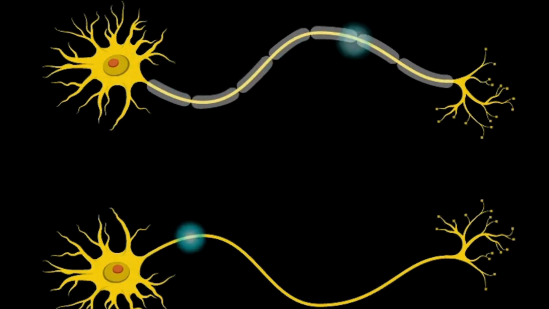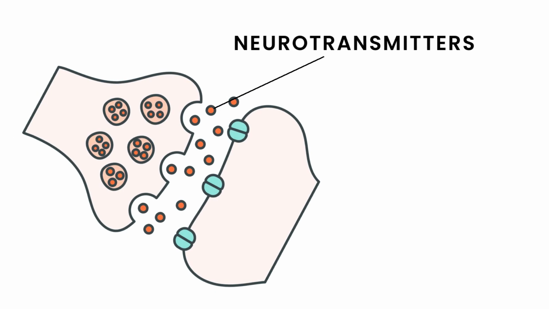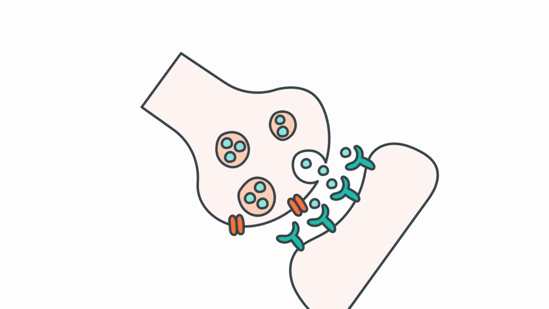When it reaches the end of that neuron, it can't jump across like normal electricity. It needs help. So, a chemical messenger called a neurotransmitter is released into the small gap, which is called the synapse. This neurotransmitter carries the message across the gap to the next neuron.